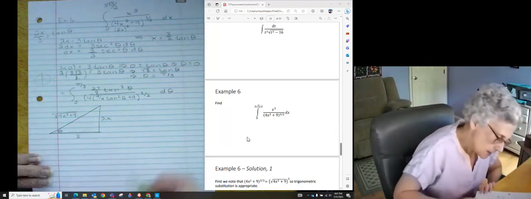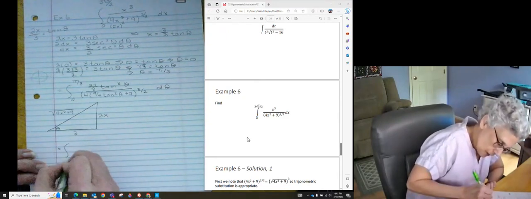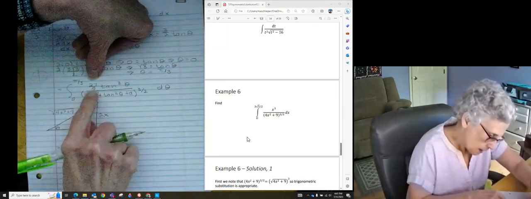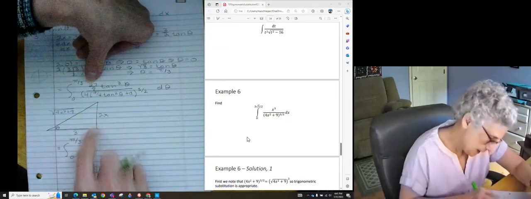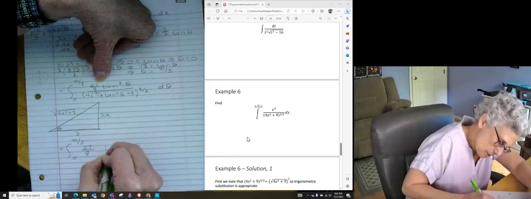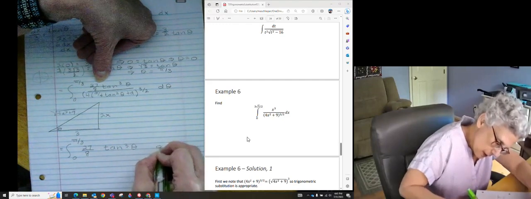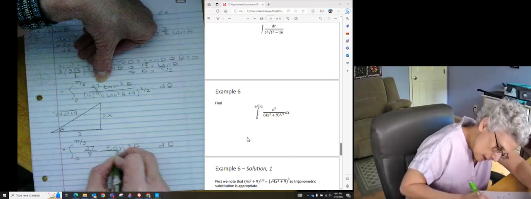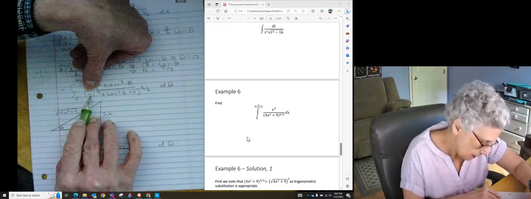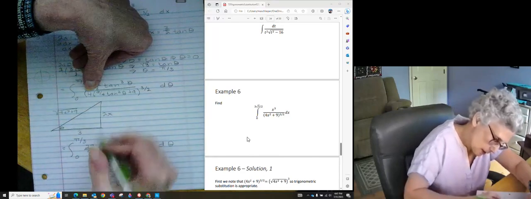So let's simplify some stuff here. 0 to pi over 3. Let's see. I have 27 over 8. I'm not going to try to simplify that yet. Tangent cubed of theta. I have a d theta. Now, down below, inside here, I have 4 times 9 tangent squared plus 9.